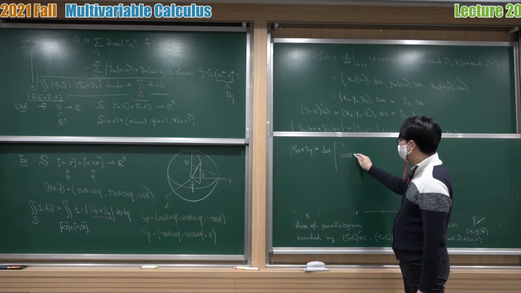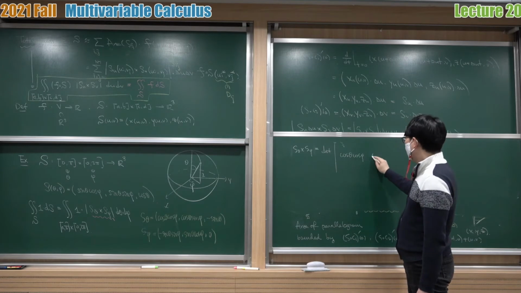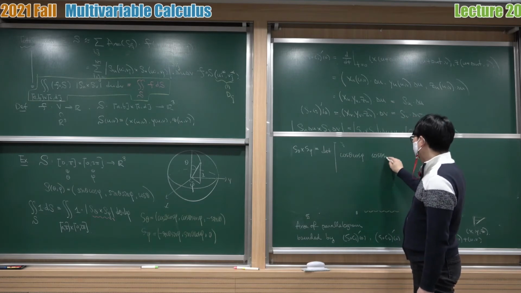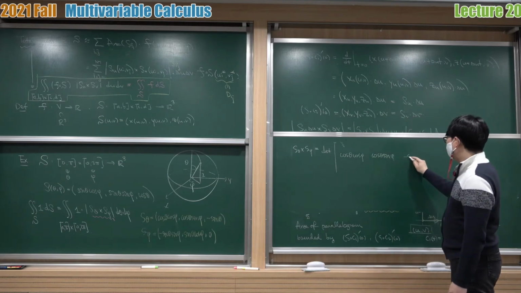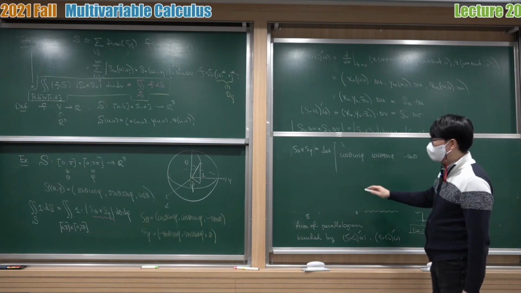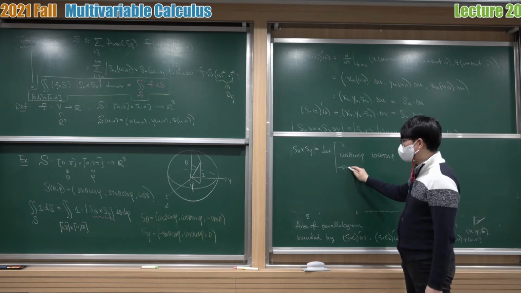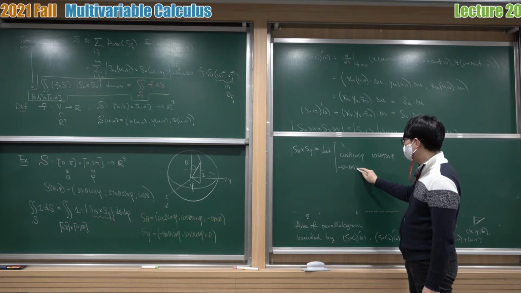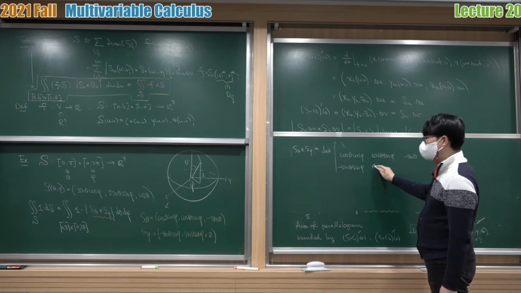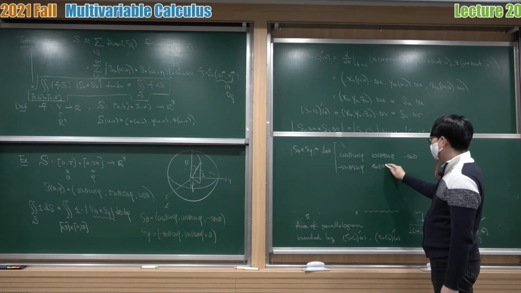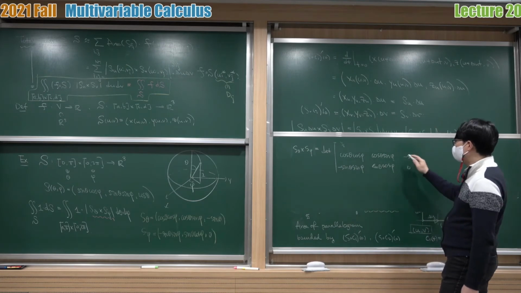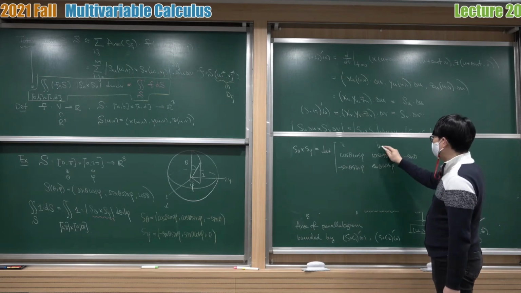So cosine theta cosine phi, cosine theta sine phi, and minus sine theta, and minus sine theta sine phi, and sine theta cosine phi, 0. So here we have i, j and k.